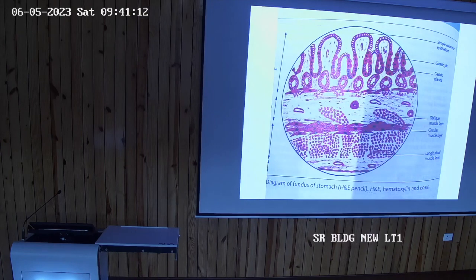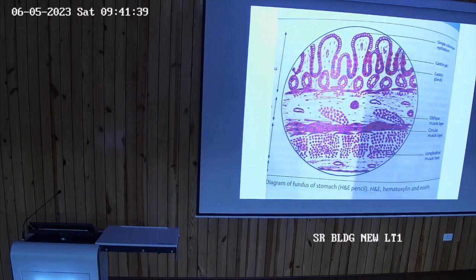I use the word rugae because when the stomach is empty, the rugae can be seen. But when the stomach is full of food, the rugae disappear or are pressed. So the epithelium shows the evagination and also the gastric pits.